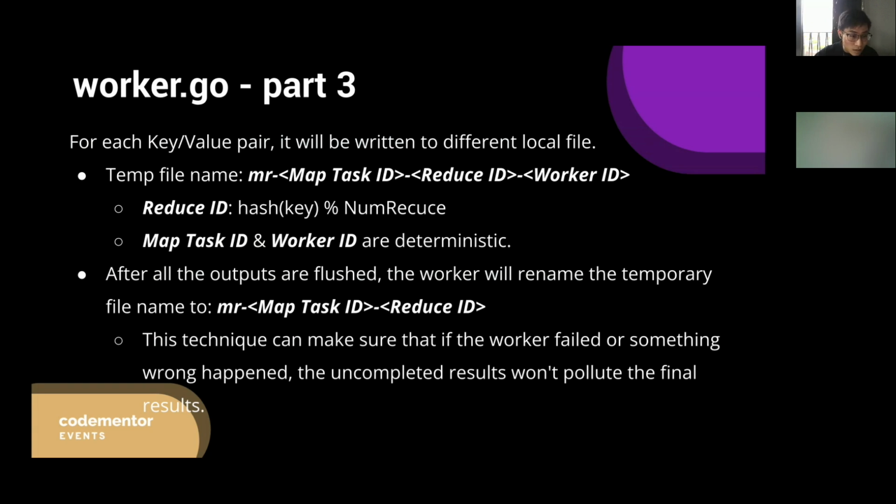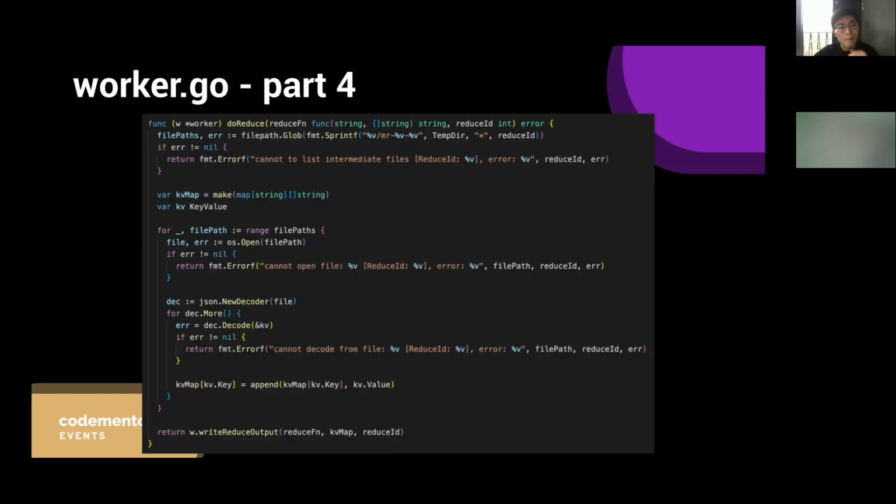You can check the file names carefully between the final file and the temporary file. The difference between those two is that the later one eliminates the worker ID suffix. And we will only publish the final result when we are sure everything is okay.